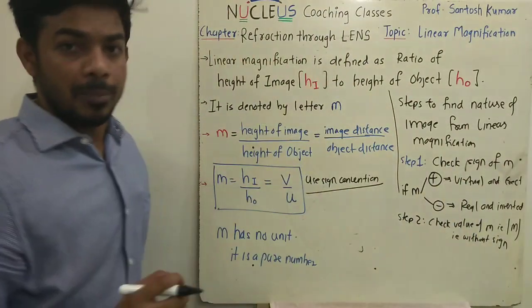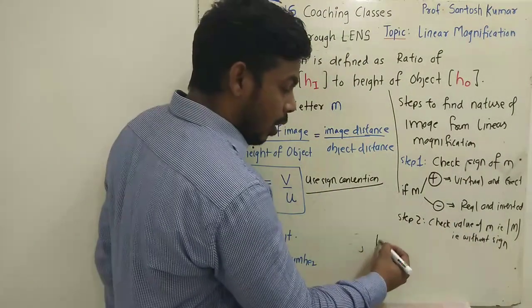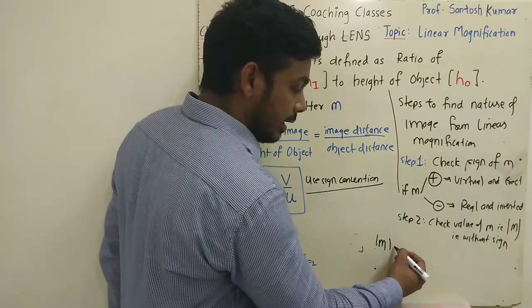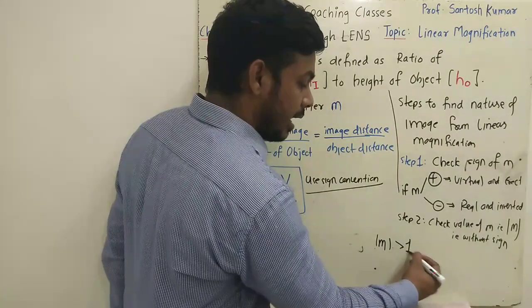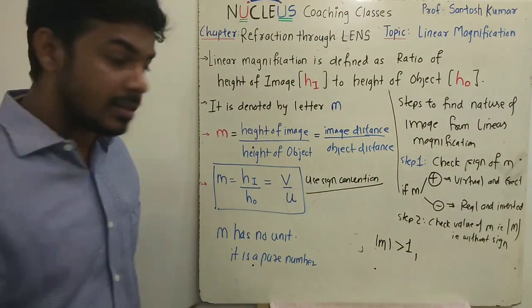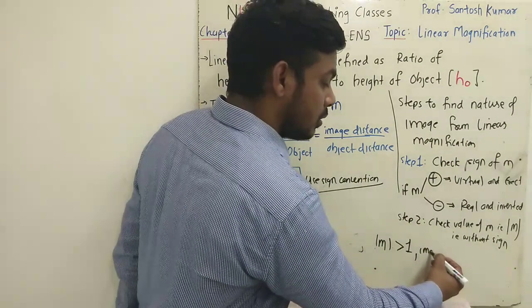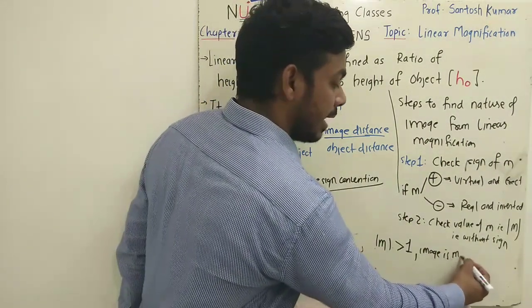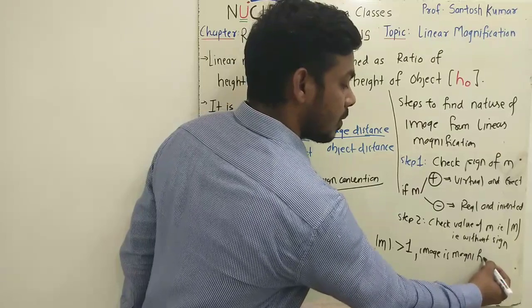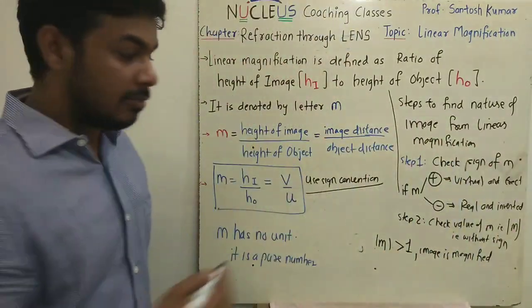just check the number, and if the mod M value is greater than 1, you have to say the image is magnified.